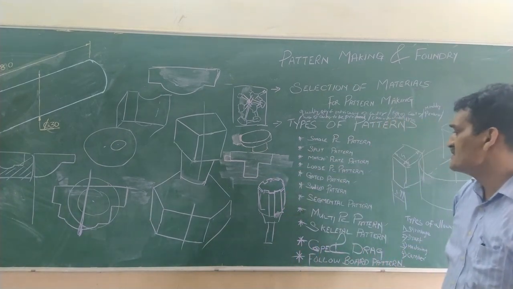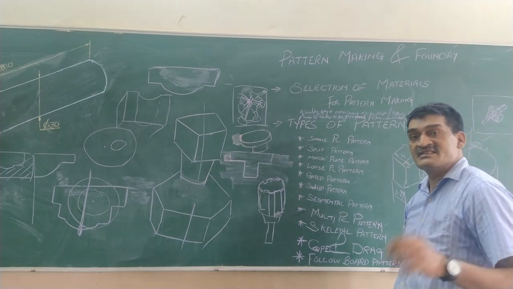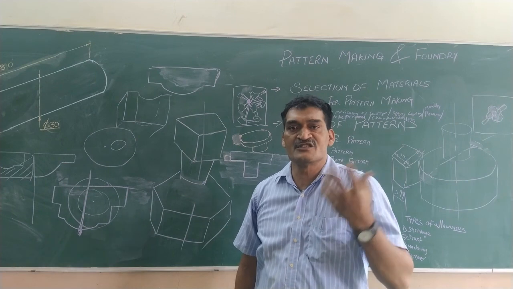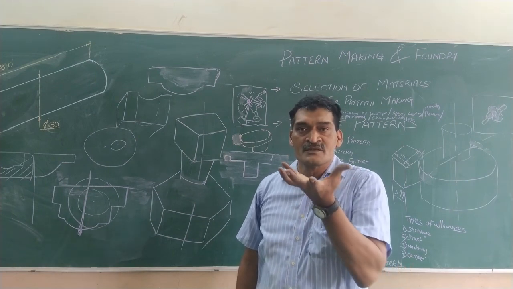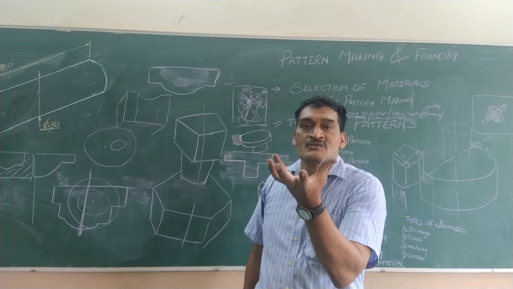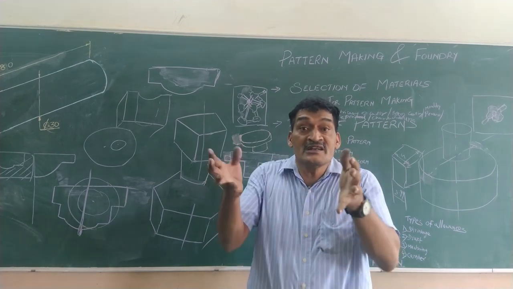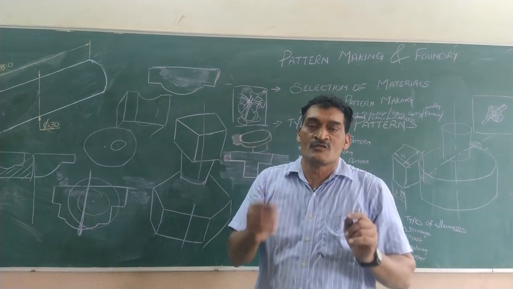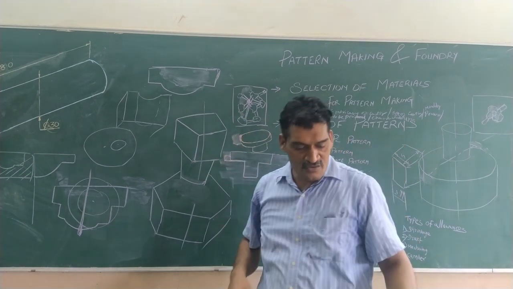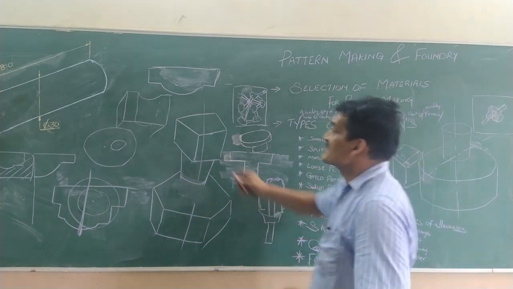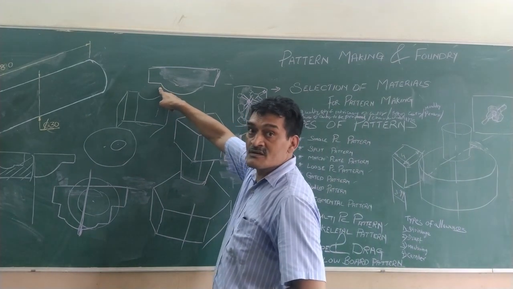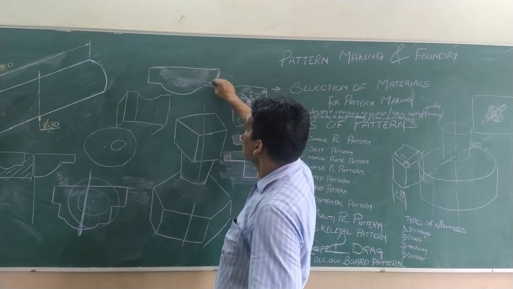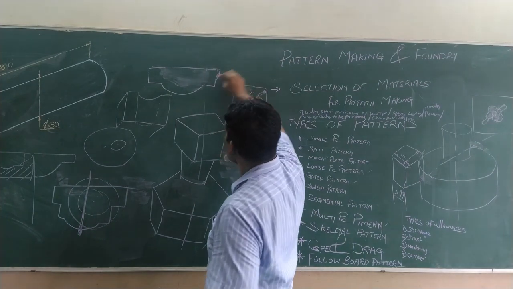Okay, the next pattern is a sweep pattern. Let's take, for example, something round. Just like if you have seen your fan motor at home, so the motor housing is round. So there, you do not need a physical pattern. What we can do is, we can cut a cardboard of that shape. Let's say, this is the shape of your mold.